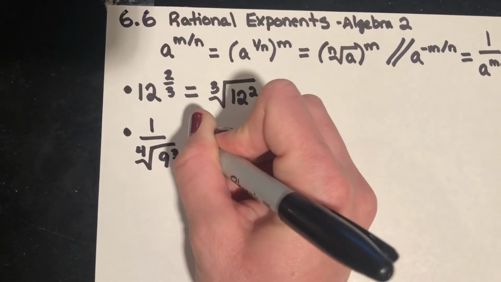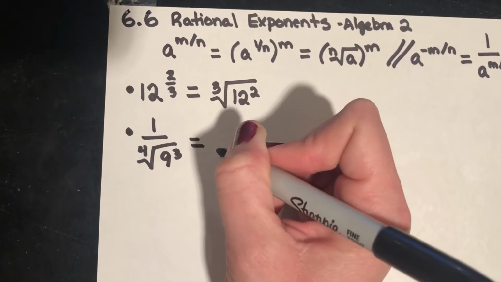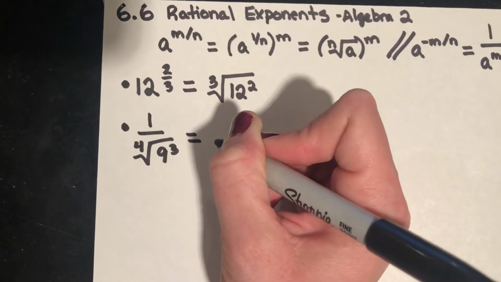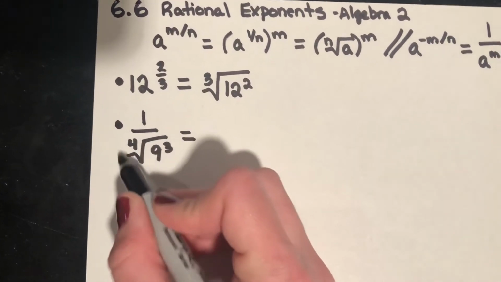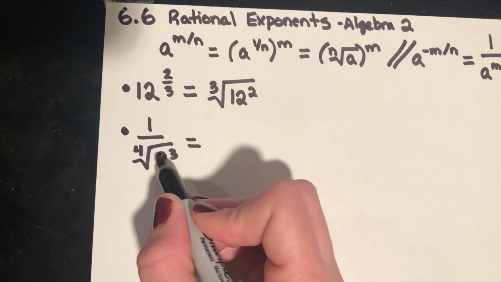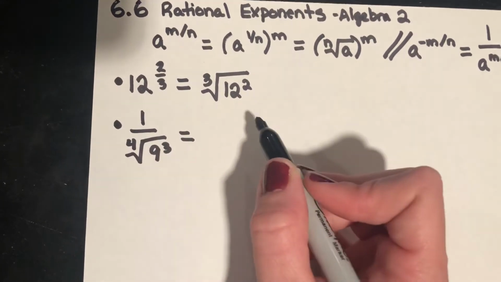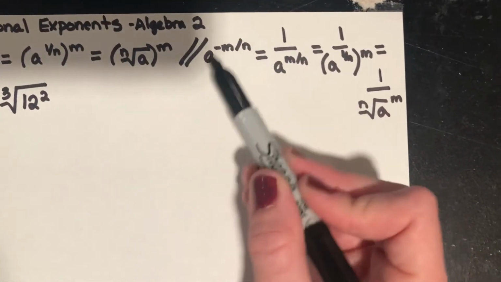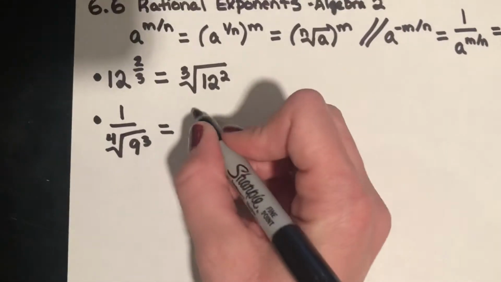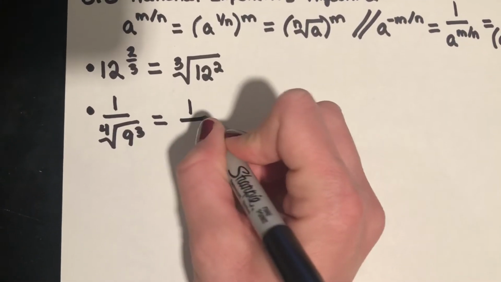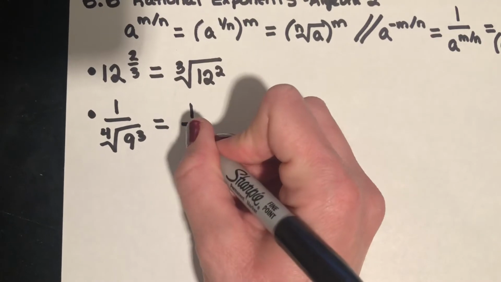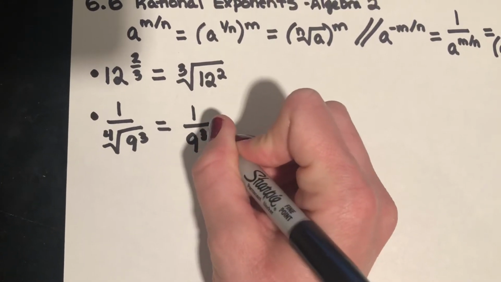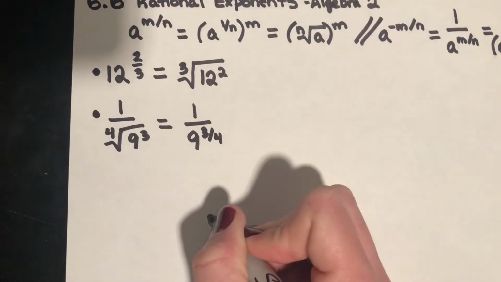Now, anytime we have 1 over something, we're going to actually need to do two things here. We're going to first need to simplify the denominator, and then we're going to need to put it back into a negative. This is dealing with our second formula I gave you over here. So let's look at this. First of all, we have 1 over, this is 9 to the 3 divided by 4.